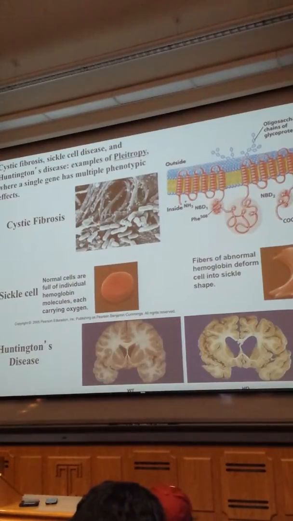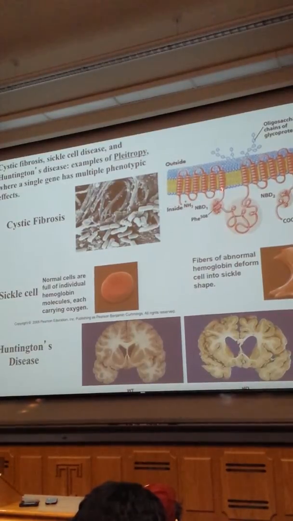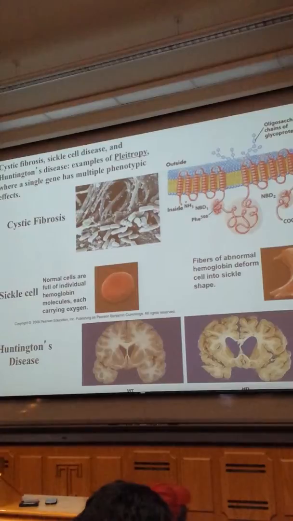So cystic fibrosis is a recessive abnormality. It involves a mutation in a cell surface transporter. It's a chloride transporter, which transports chloride in and out of the cell.